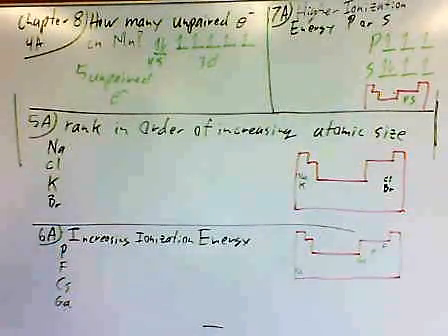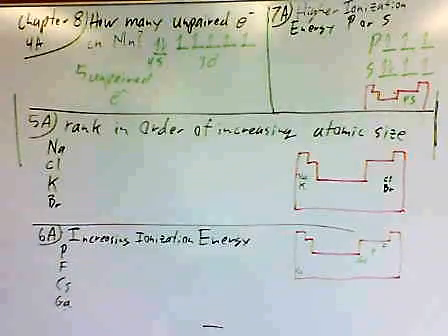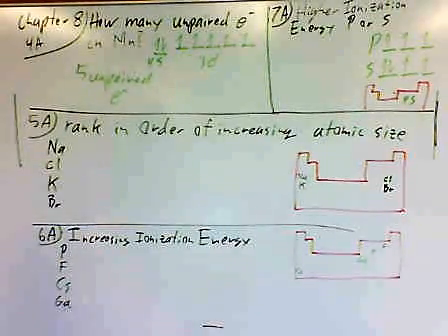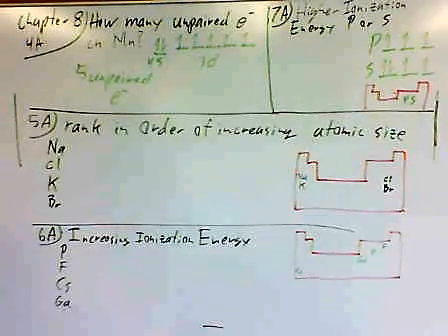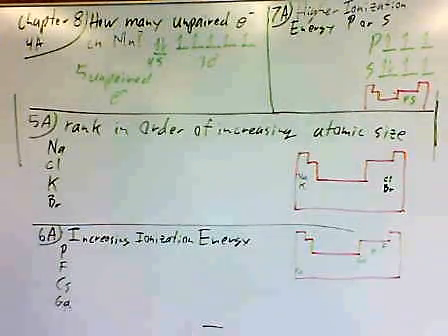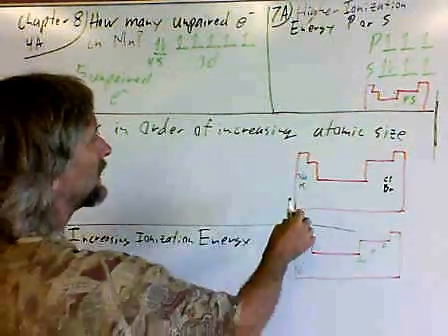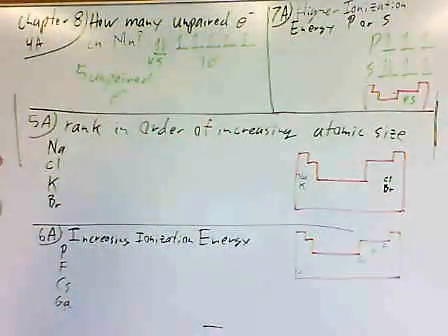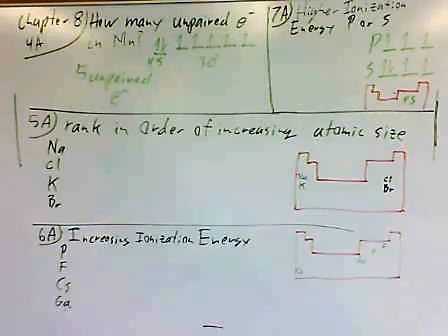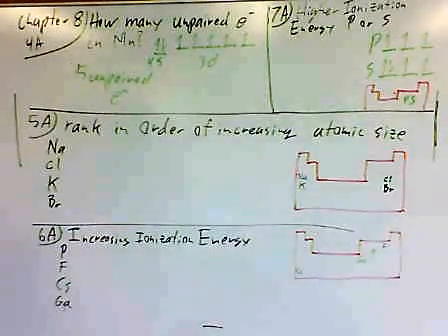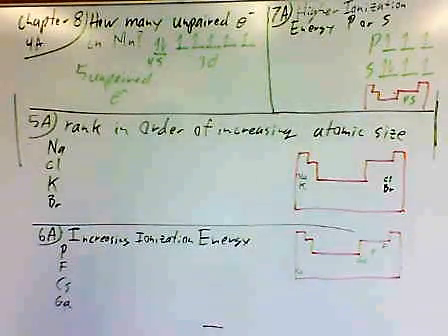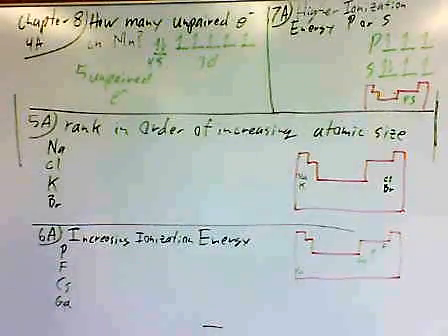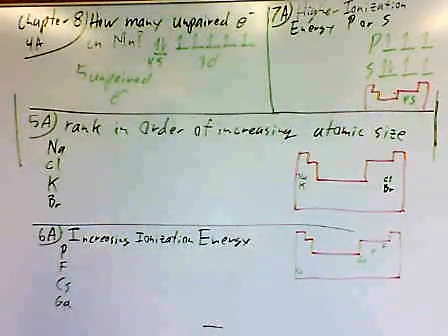Now, if we want to rank our elements in terms of atomic size, the biggest determinant of size is whether it's left or right on the periodic table. As we go from left to right on the periodic table, we're adding more electrons into the atom in one shell. So we're not increasing the principal energy level, and we're adding more protons into the nucleus.